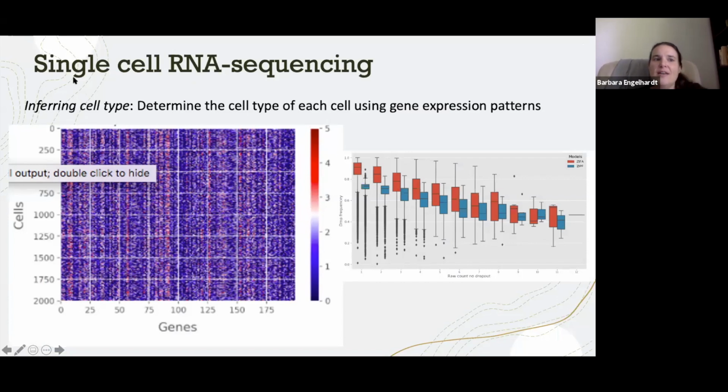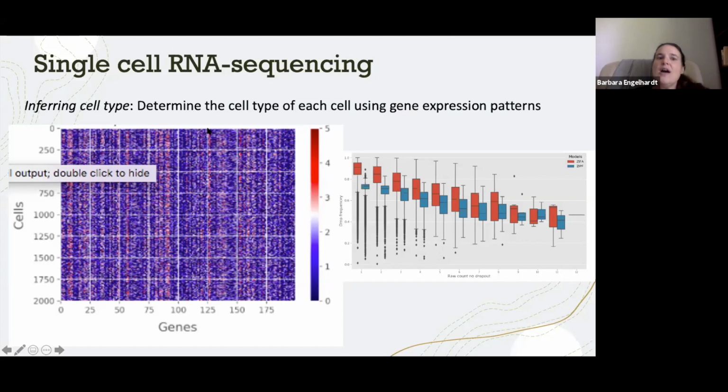But for single cell RNA sequencing, one of the downstream goals that we have is inferring the cell type. For each cell that we've sequenced the RNA for, within that single dissociated cell, we'd like to figure out what cell type that cell actually is. So we can figure out, for example, the proportion of immune cells floating around in the brain, or the proportion of neurons in the brain, and all these questions.